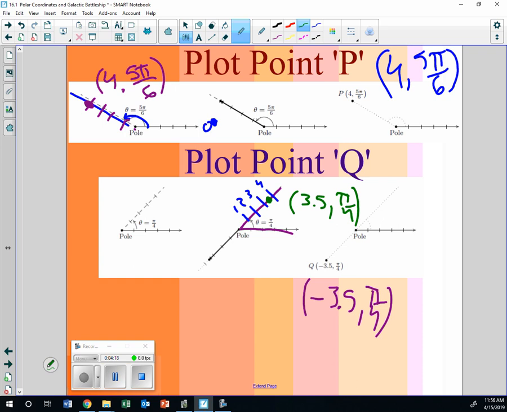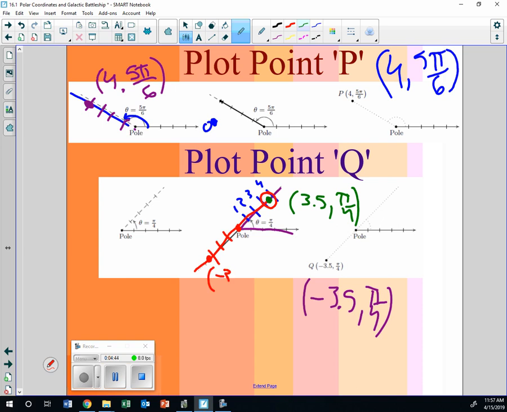Any guess on where negative 3.5, pi over 4 is? Any guess? No guesses? Go straight through the origin, like tangent did, and then go out 1, 2, 3.5.